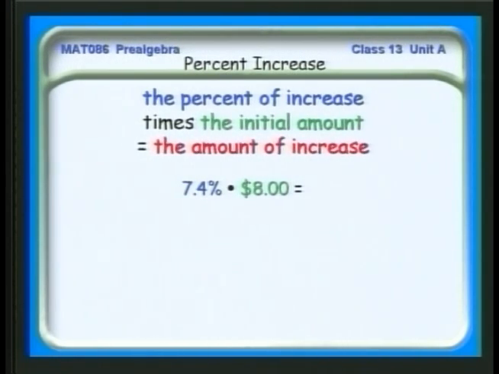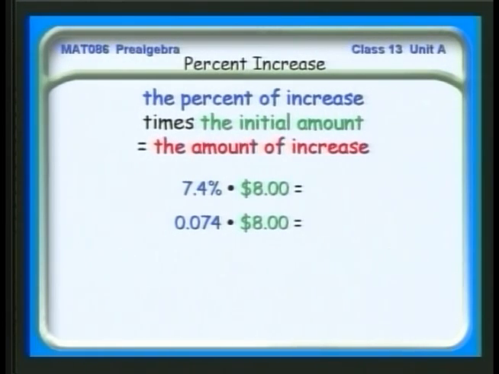7.4%. We need to change that to a decimal. In order to do that, I change 7.4%. Remember, you move the decimal point 2 places to the left and get 0.074 as the decimal equivalent of 7.4%.